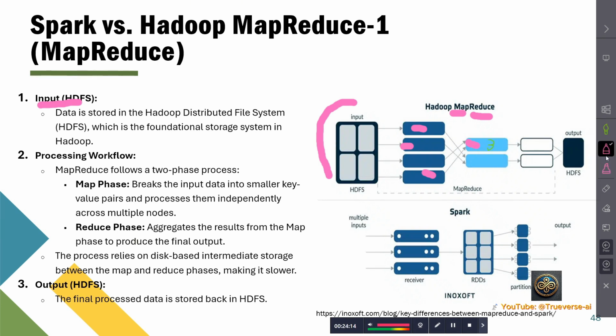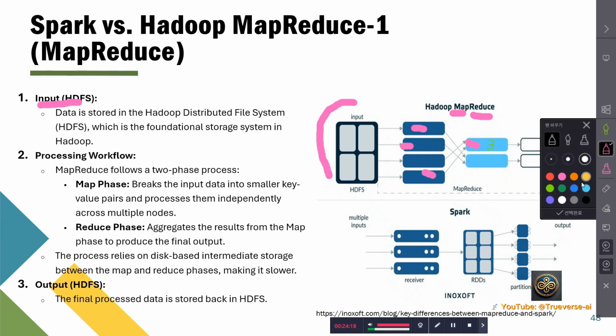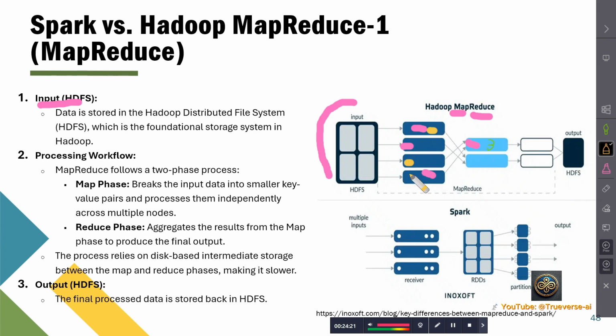If another word is here, then this is like 4. So this is doing the map: break input data into smaller keys. Then reduce is the aggregation of the results from the map. We already discussed that. Output is what? HDFS.